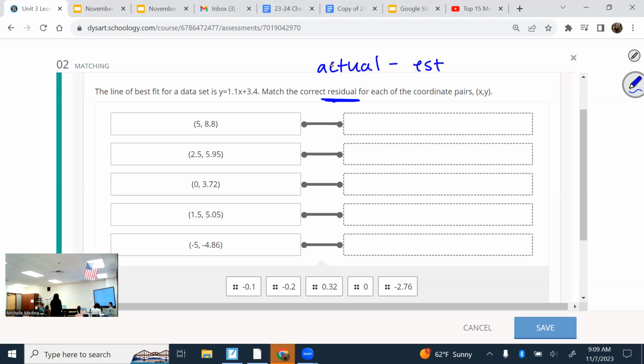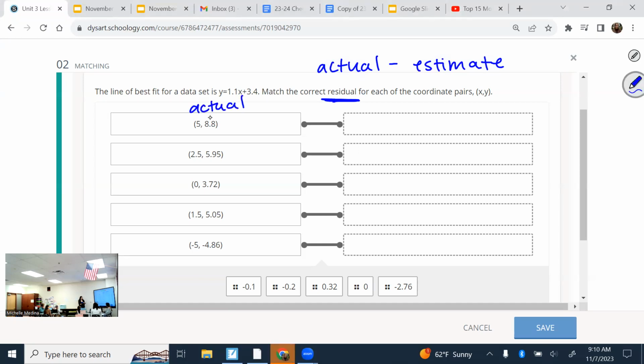So this is the formula. Order does matter. It has to be actual minus estimate. So like A always comes first in the alphabet, so it should be coming first in your subtracting. Actual minus your estimate. So this right here is my actual data.